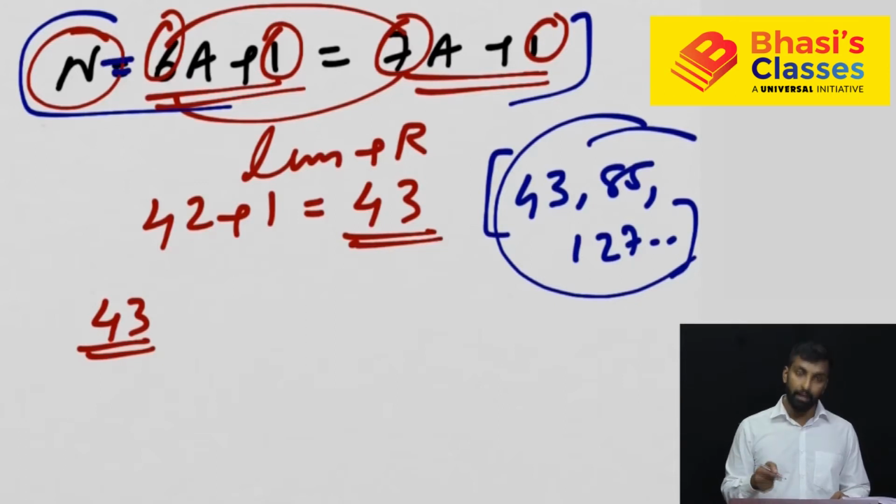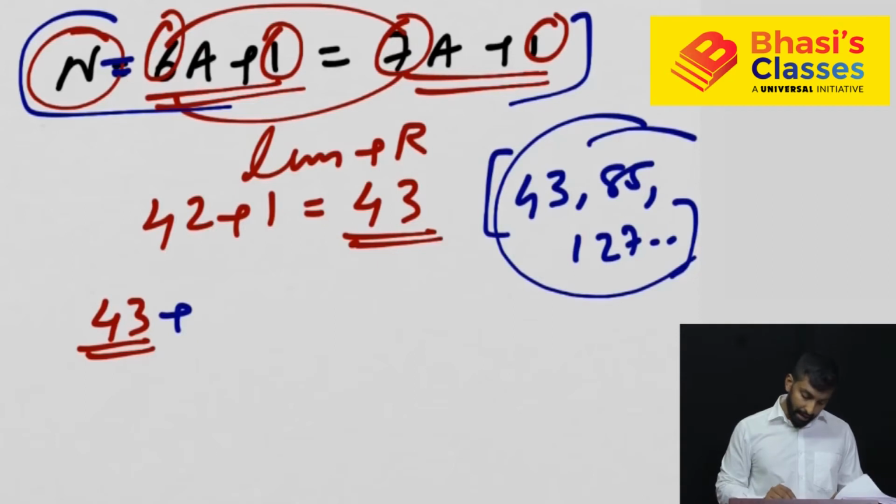N is a number which when divided by 6 leaves a remainder 1, which when divided by 7 leaves the remainder 1. Then they can tell you n is a set of natural numbers within a range of 1 to 100 or 1 to 1000 or whatever it is. Then they can ask you any questions. They can ask you the nth term, the sum of terms, how many terms are there within a range, etc. Let's see how they are going to ask the question.